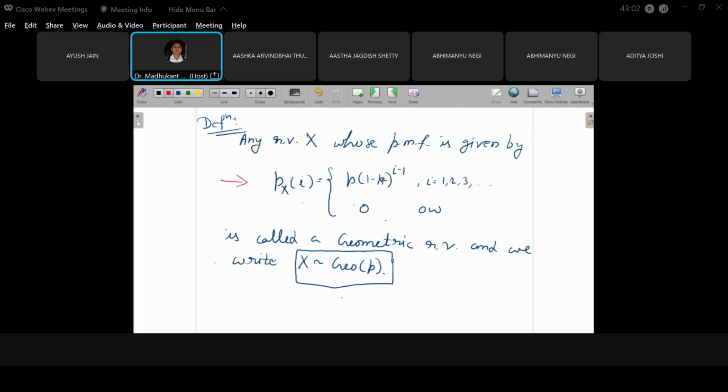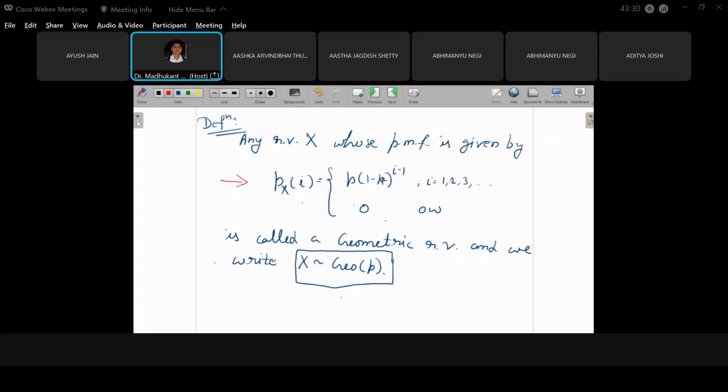So 1 minus p is sitting here i minus 1 times, to the power i minus 1, and into p will be the straightforward probability mass function, for i equals 1, 2, 3 and so on, and 0 otherwise. And we have also seen that this satisfies the properties of a probability mass function, the non-negativity and normality conditions.